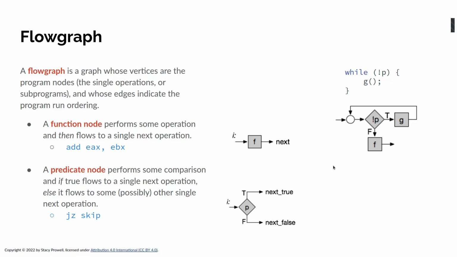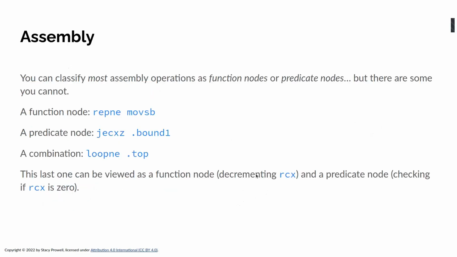So this is a really simple way of thinking about the flow of programs. A little function that just does something and goes to the next thing, or a predicate that chooses among two alternatives. Most assembly instructions can be classified this way, right? This guy, repeating a move of bytes, it may look like it's got a loop to it and it's got some conditional checking, but really it's basically just a single instruction.